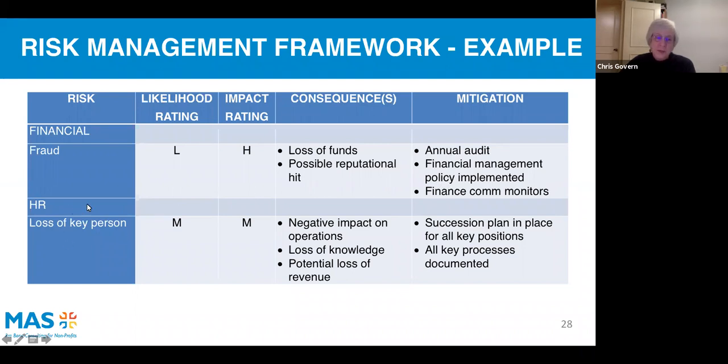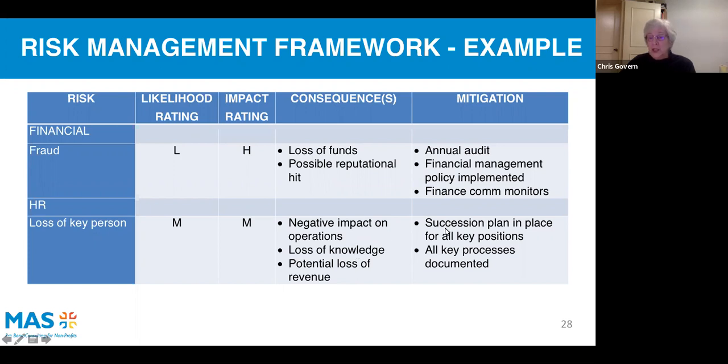Here's another example we talked about. I have an HR bucket. One of the risks I've identified is the loss of a key person. I think it's a medium risk. My ED is not set to retire within the next 2 years. I don't think I'm going to lose my key finance person or my key operations person. If I did, it would have a negative impact on operations. I would have a loss of knowledge, potential loss of revenue.